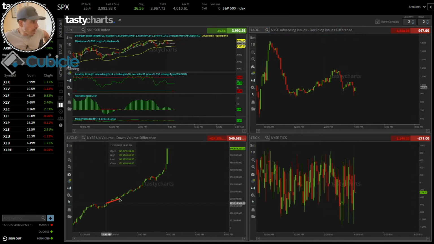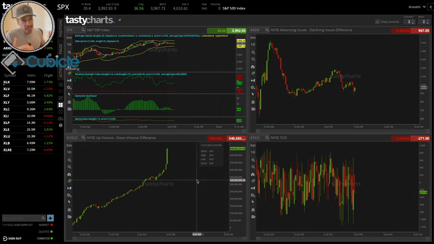Also, there was a lot of volume coming into the market, right? So a lot of market participants were buying stocks, forcing stocks to increase in value. And then the tick symbol was also pretty much above the zero point, basically conveying that there were more stocks rising on the New York Stock Exchange versus declining.